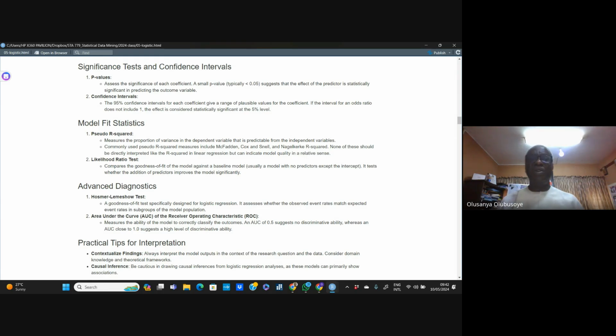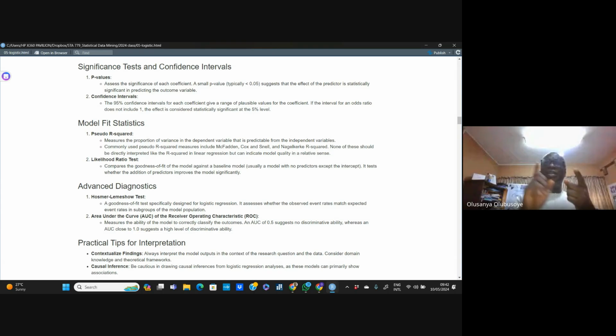You cannot interpret it in that sense. Those pseudo R-squares, you can only use them to compare two competing models.